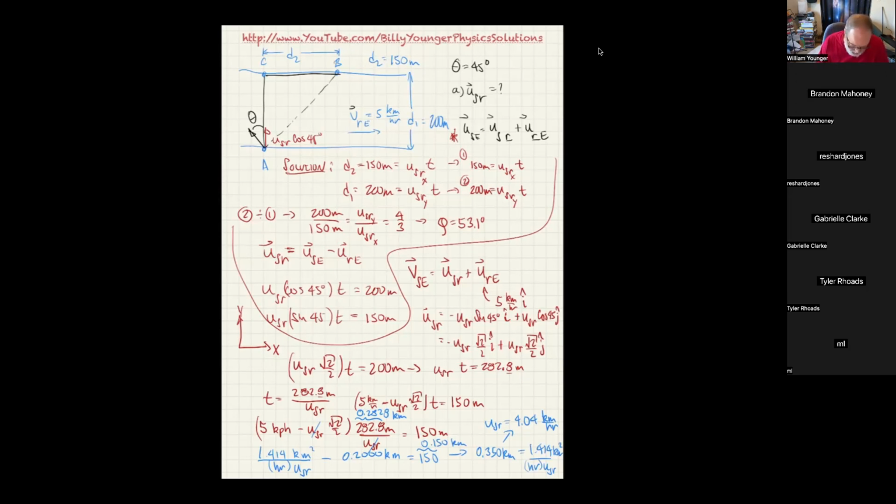So now what I'm going to do is see if that's really the same amount of time it'll take me to go 200 meters when I use 4.04 cosine 45. That gives me 2.85 kilometers per hour. And now I'm going to divide 200 by that, or 0.2 by that, divided by 2.8567.